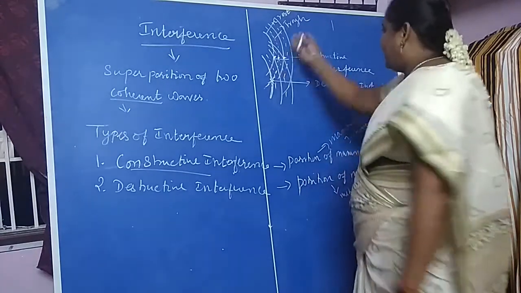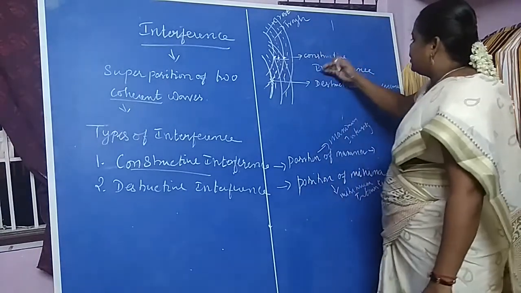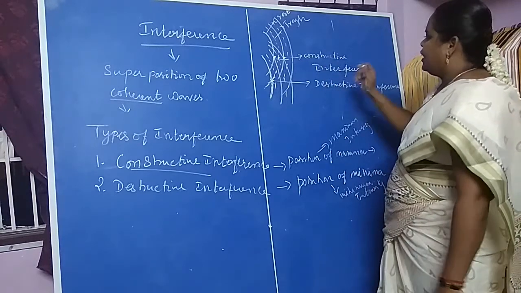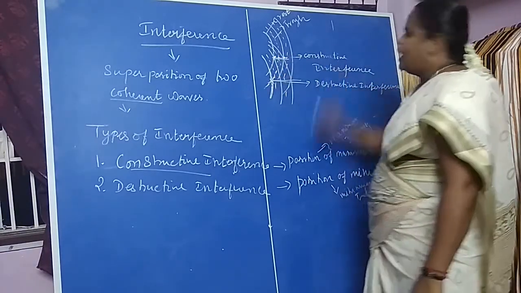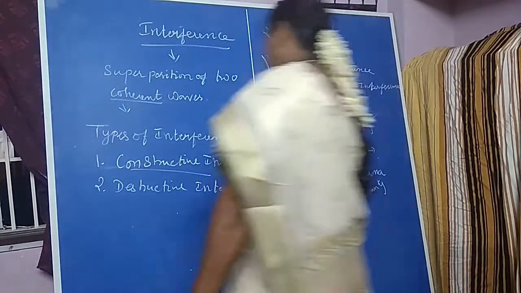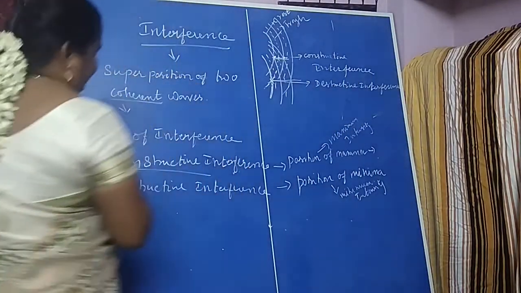Like that, the light waves interfere constructively and destructively. So these points will be bright and this point will be dark. This is about the types of interference we have.